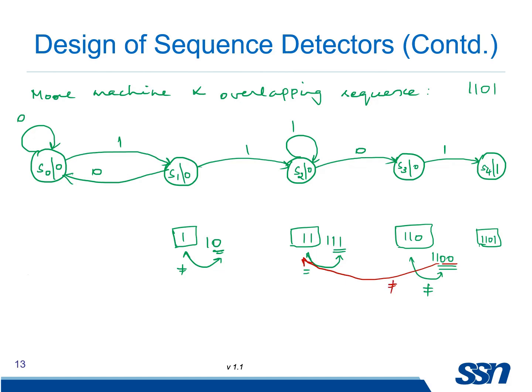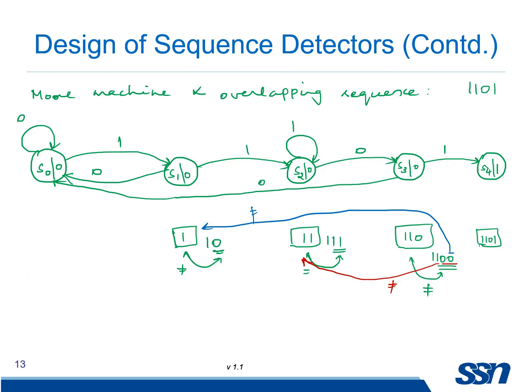This is not equal. So I compare the single bit state. Again, this is not equal. So we move to the initial state. So for 0, I move to the initial state. Now we are in the last state.